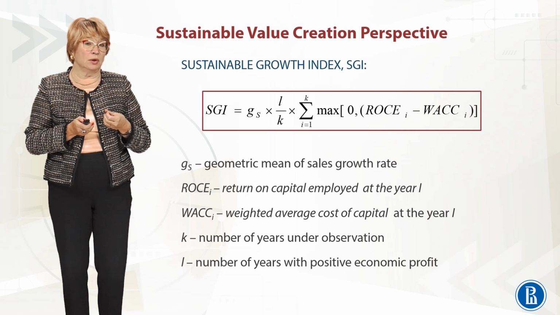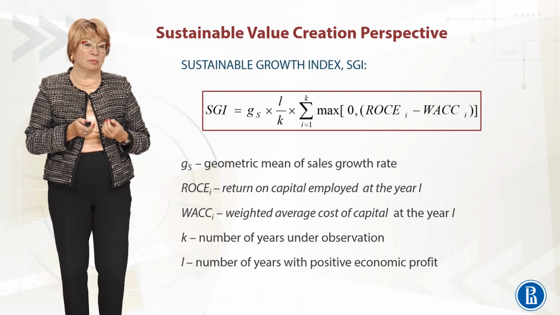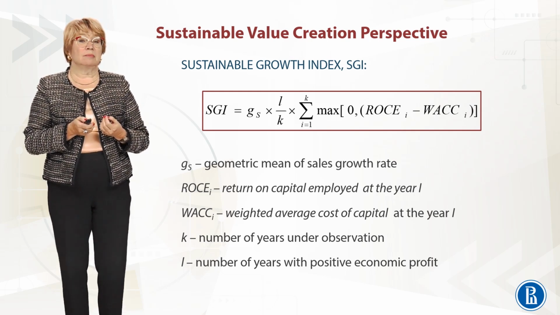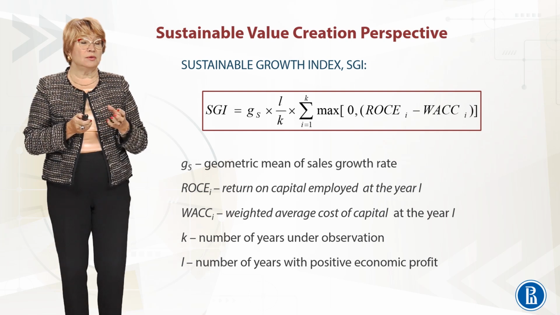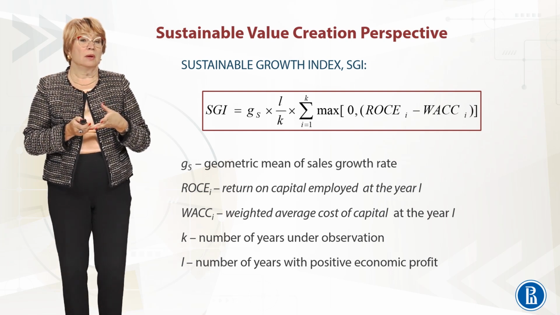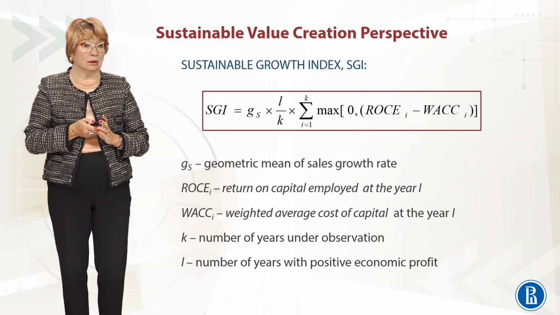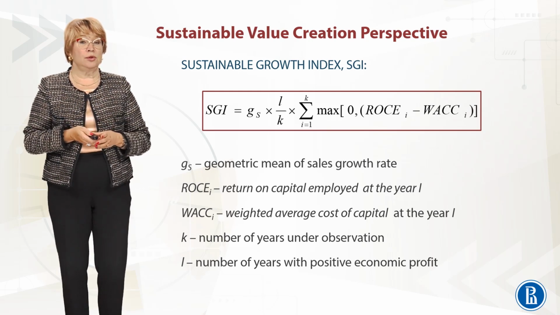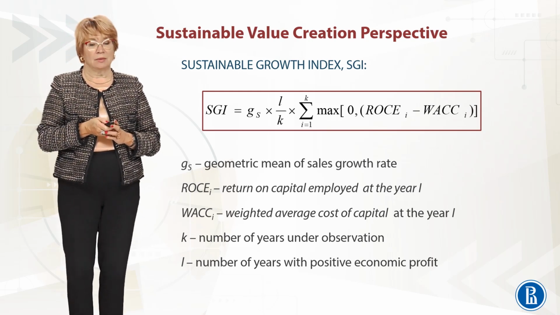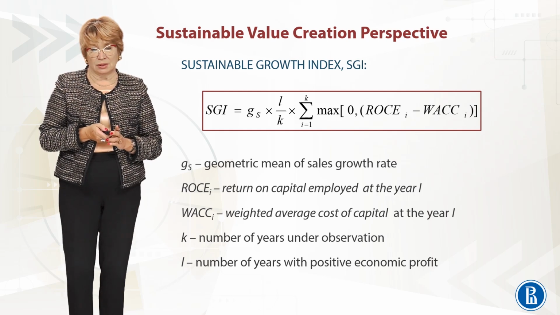In case you have got negative economic profit within some periods, it means within these years there was no process of value creation at all. So to my mind, in the third component, you should not add those negative spreads.